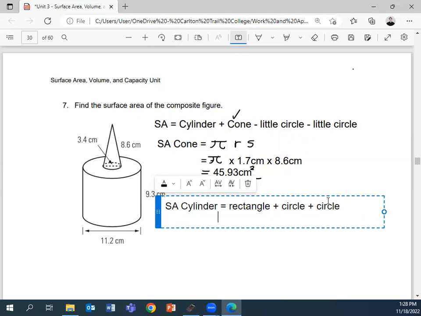Okay, so I'm just going to do the rectangle. And it's a question within a question within a question because I know the length of it, which is 9.3 centimeters, but I don't know the width of it, right?